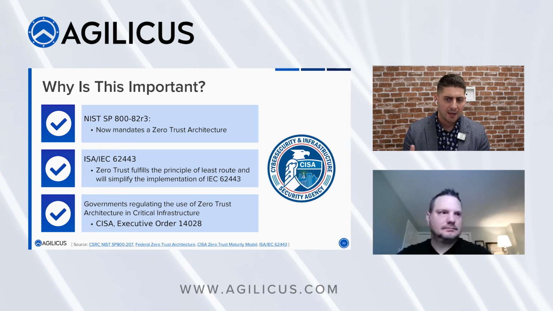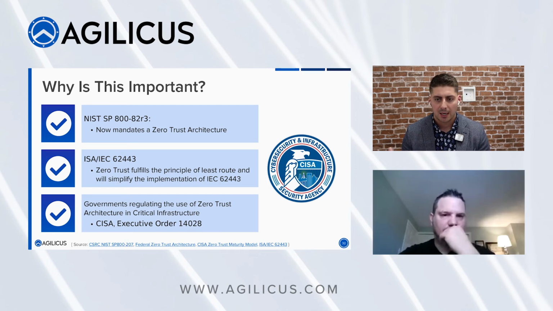So why is it important? Well, all of the standards are starting to move in this direction, the direction of zero trust. We've seen this in the upcoming standard from NIST. I believe it's in its draft format right now, and it'll be pushed through in early 2023. We've seen these same principles pop through in ISA/IEC 62443.